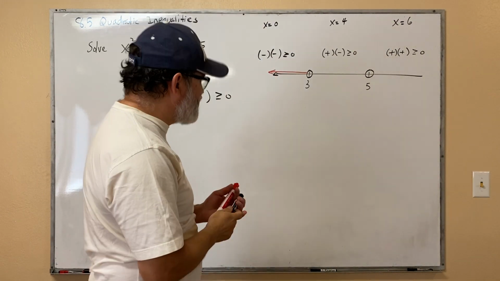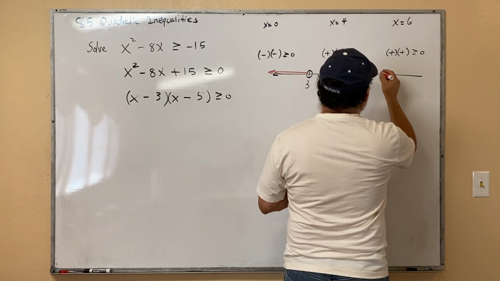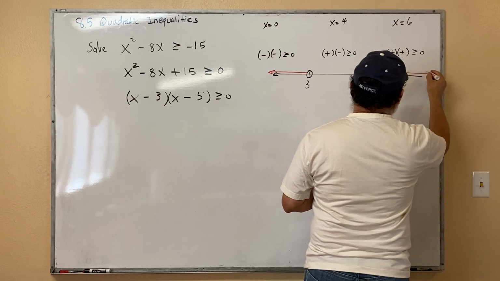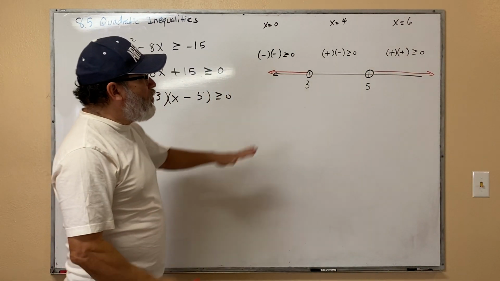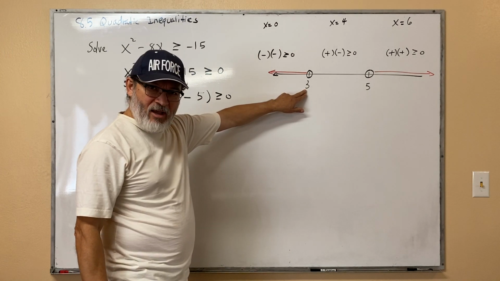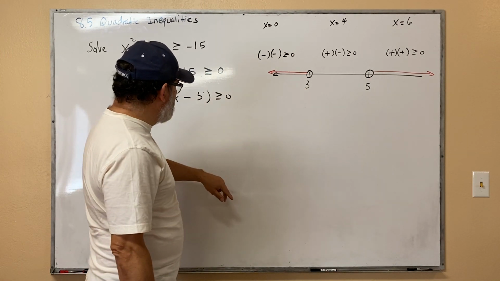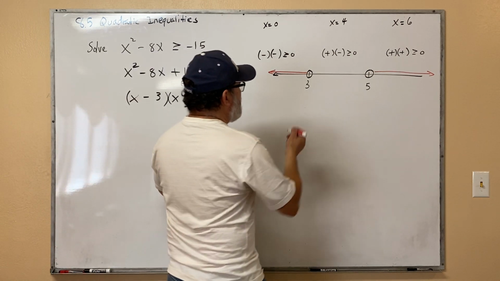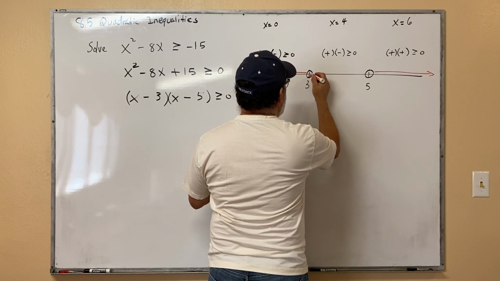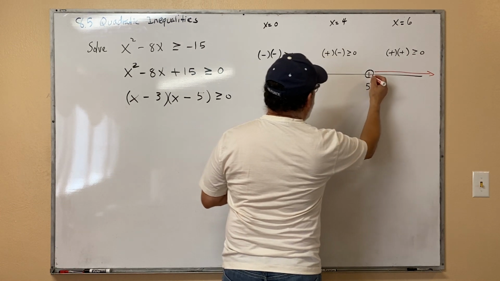The answer is yes. Okay. What about the boundary value 3? Well, I see the equal sign, I better shade it. And 5 is also shaded.